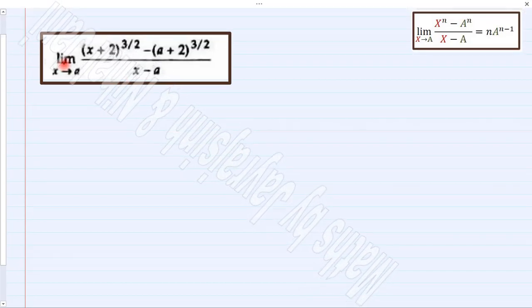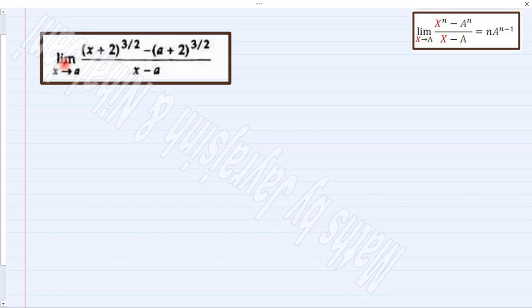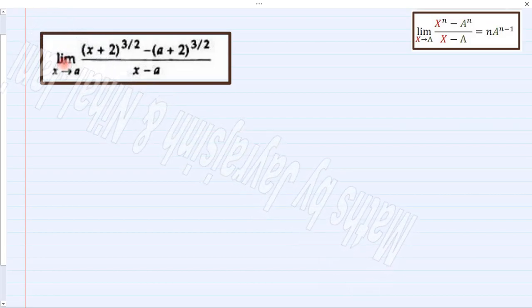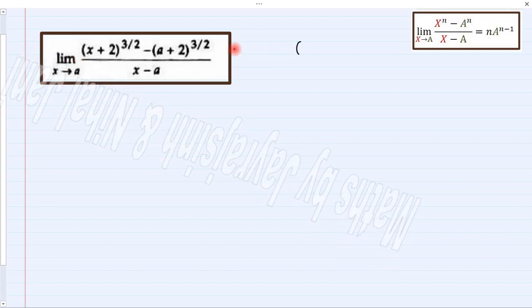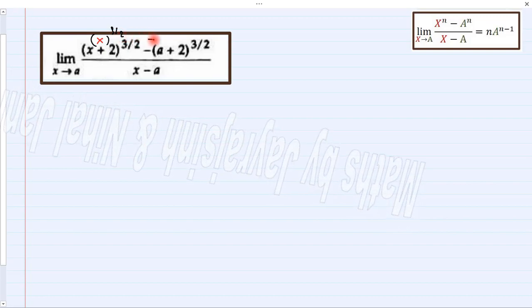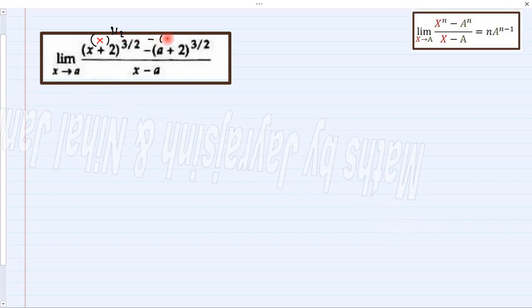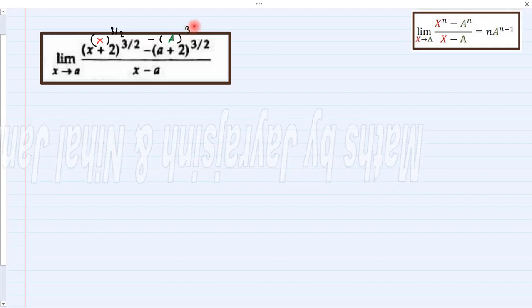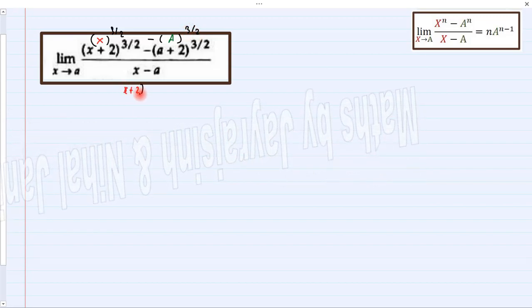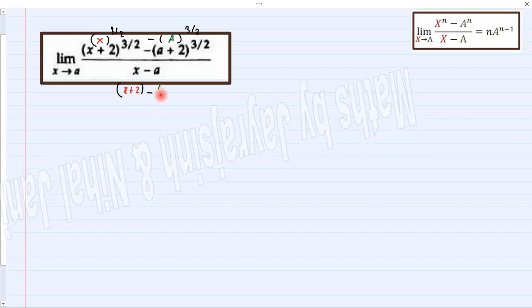In this question, we have limit x tends to a, (x plus 2) raised to 3 by 2 minus (a plus 2) raised to 3 by 2 upon x minus a. If you see carefully, we have X raised to 3 by 2 and minus A raised to 3 by 2. We just need x plus 2 in the denominator minus a plus 2.